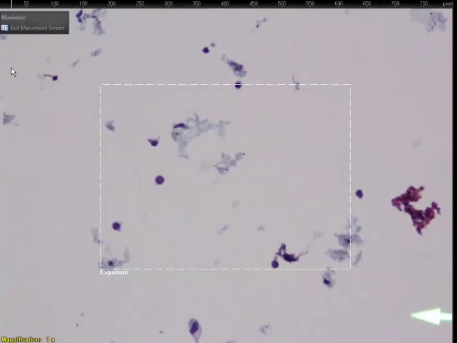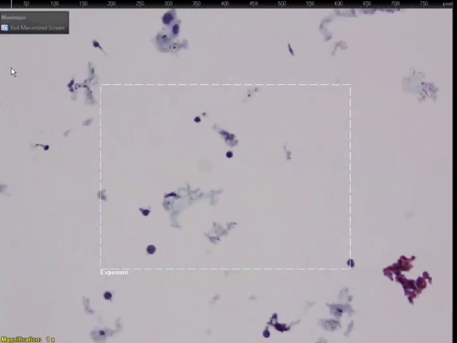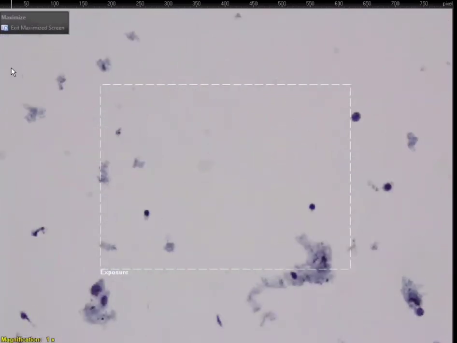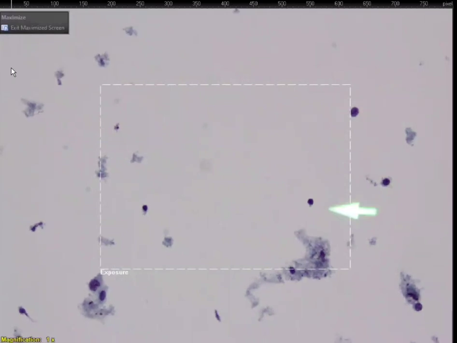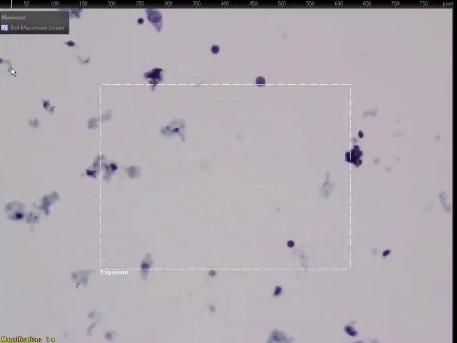A little bit different size. Lymphocytes. Mature? Yeah. Less mature? Yes. Mature. Okay. But not too many, right?